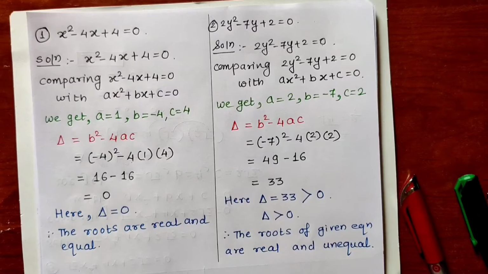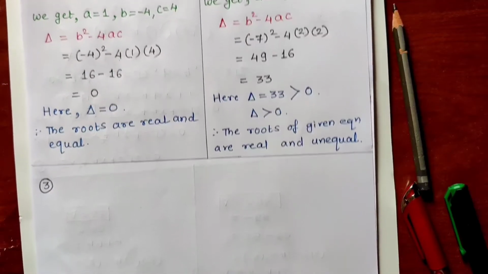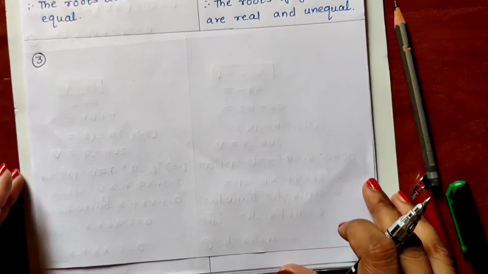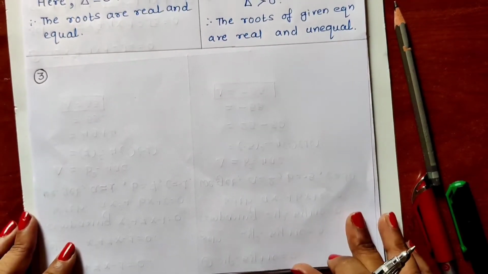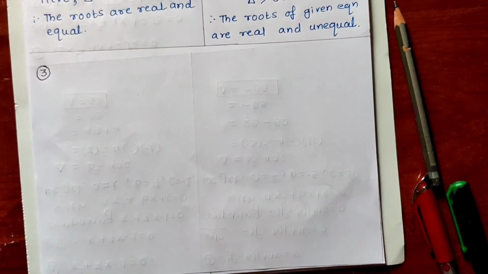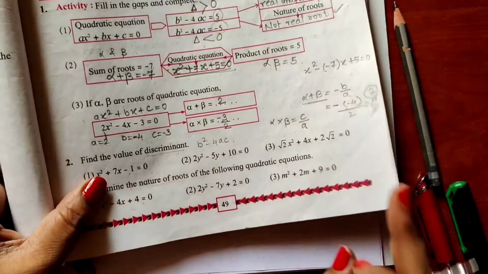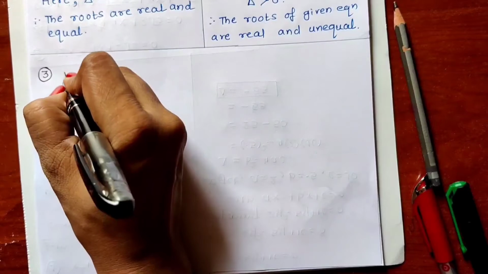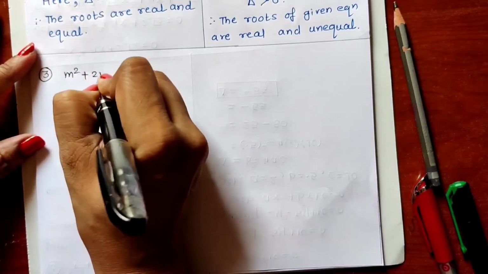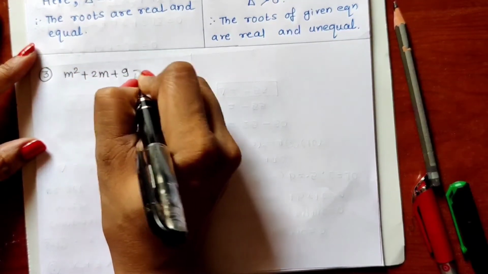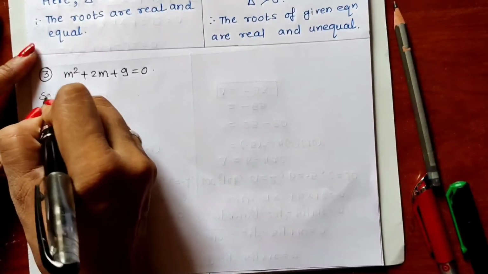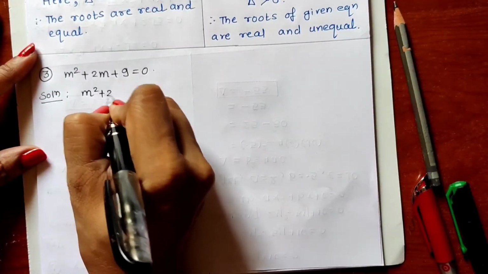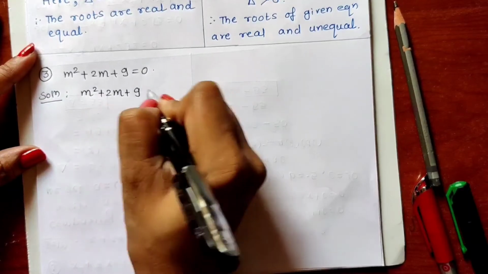Now let us go on to the third sum. Third sum is m square plus 2m plus 9 is equal to 0. Solution: m square plus 2m plus 9 equal to 0.